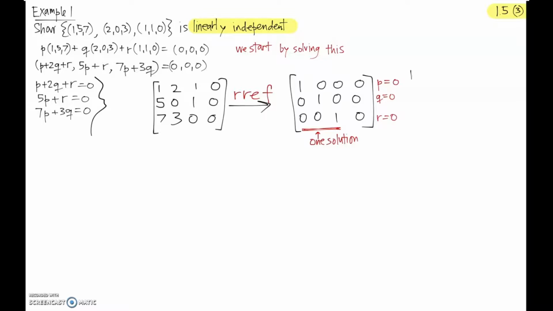And so the test for linear independence has been met, because that was the only solution to our system of equations.